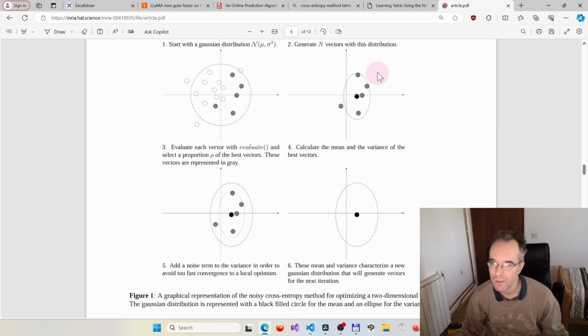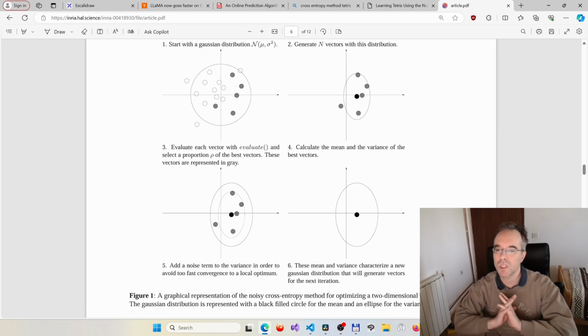After that you have this ellipse which represents that mean and variance. After you added the noise, you increase the size of that ellipse. These mean and variance characterize a new Gaussian distribution that will generate vectors for the next iteration.